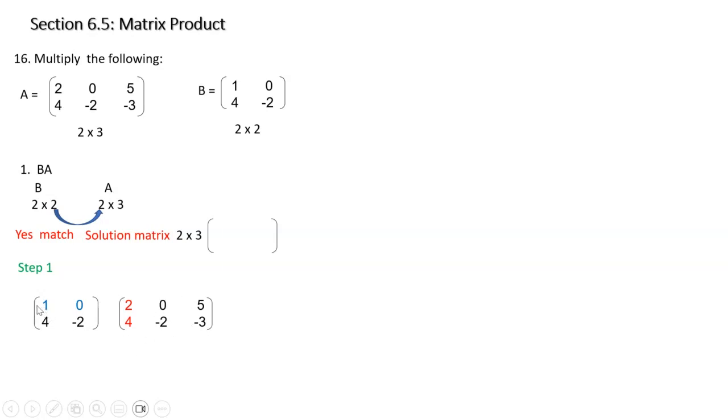So my first step is to multiply the first row times the first column of the second matrix, then the first row times the second column, and the first row times the third column of the second matrix. That's why what I'm multiplying is in blue and in red. So it's going to be 1 times 2 plus 0 times 4. The result will be 2 plus 0. The answer is 2. So 2 goes in the first slot. Boom.